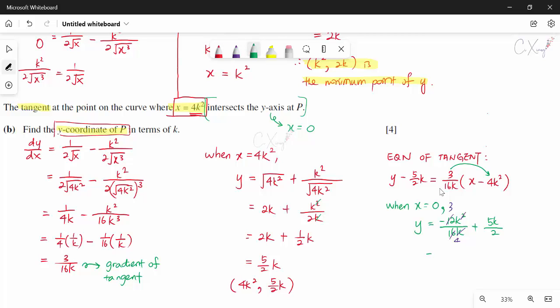So if you continue from here, you get negative 3 over 4k plus 5 over 2k. So eventually, the y that you get will be equal to 7 over 4k, and this is actually the y-intercept that they want us to find.